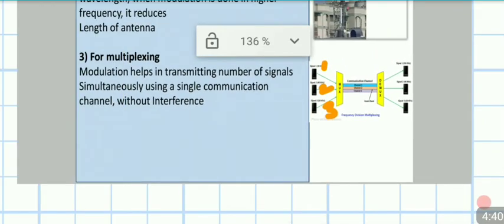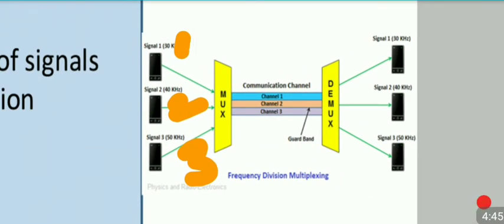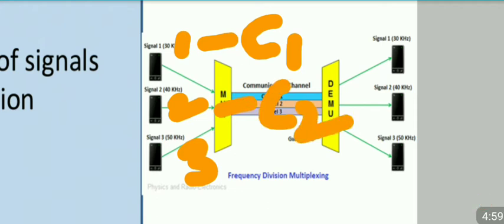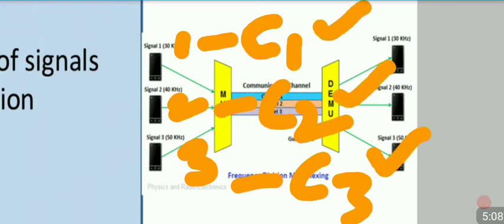When I add these three signals and make them into a composite signal, it is very likely that the three signals may interfere with each other. To avoid the interference, we need to modulate these three signals with carrier frequency 1, carrier frequency 2 and carrier frequency 3. The modulating signals will be put onto different carrier signals.